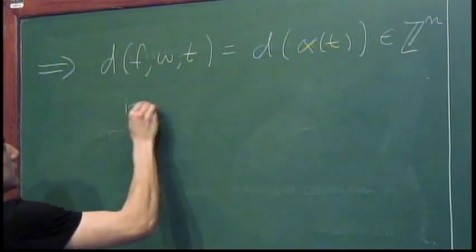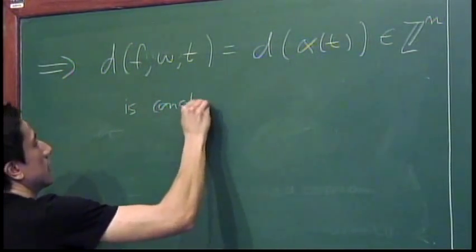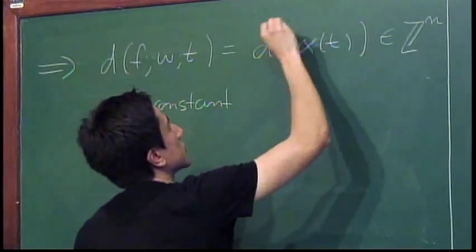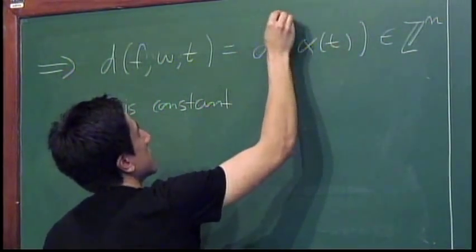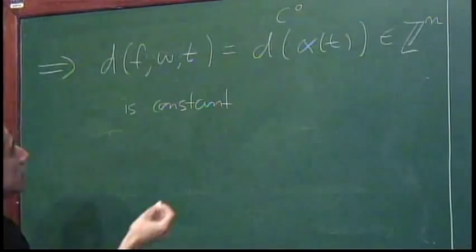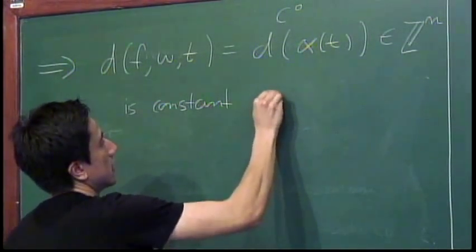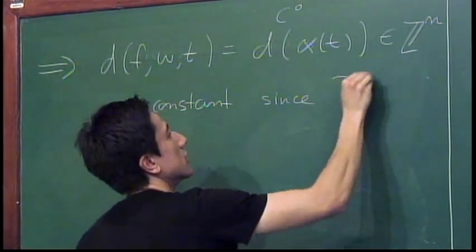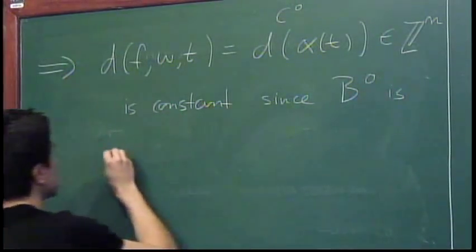So this is a C0 map, since B0 is connected.